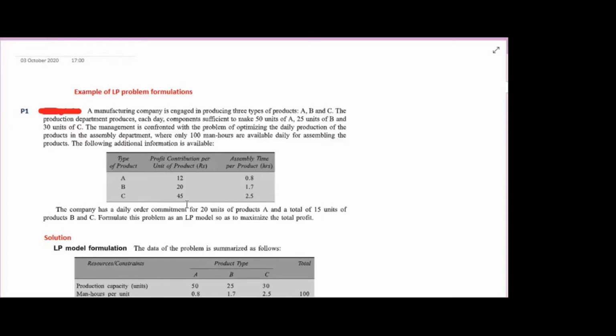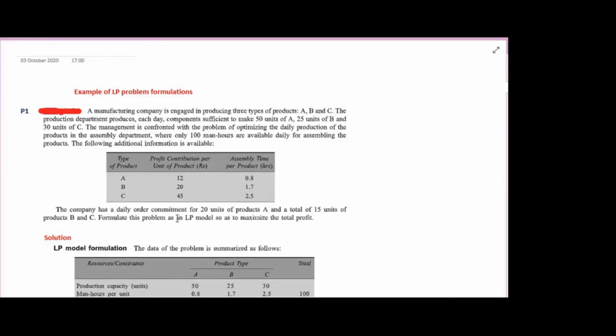The company has a daily order commitment of 20 units of product A and a total of 15 units of product B and C combined, right? You have to produce 20 units of A and 50 units in combination with B and C, right? Formulate this problem as an LP model so as to maximize the total profit.